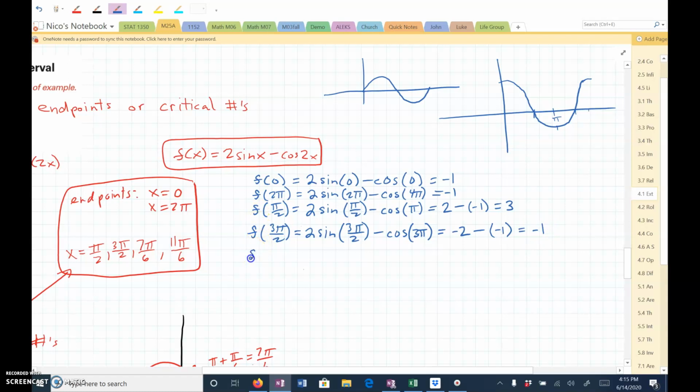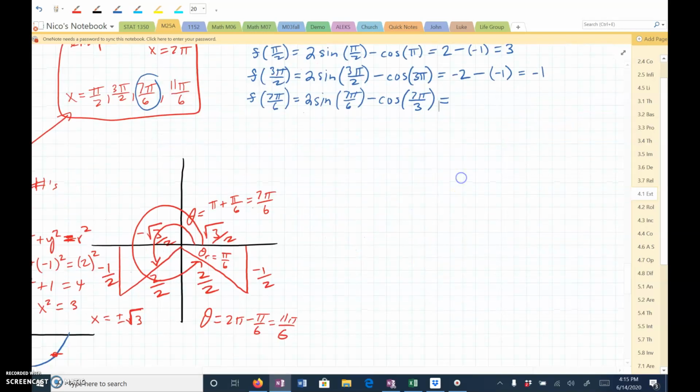Then I've got f of 7 pi over 6, which would be 2 sine of 7 pi over 6 minus cosine of 2 times 7 pi over 6. Oh, I did that wrong. When you do 2 times this, it's going to be 7 pi over 3.